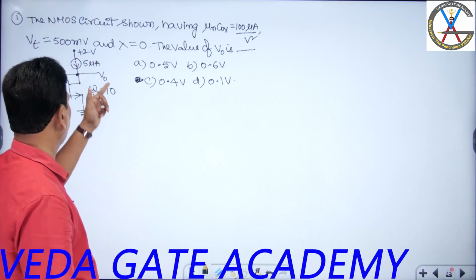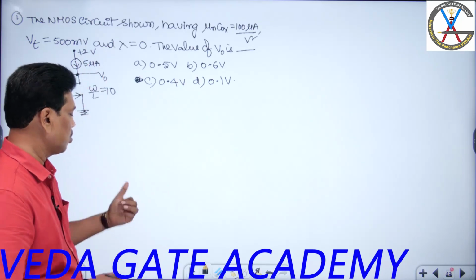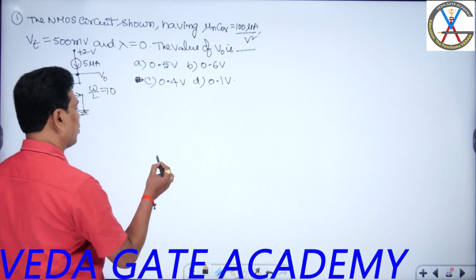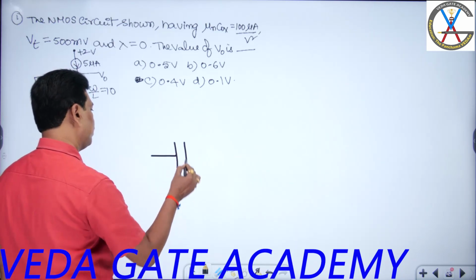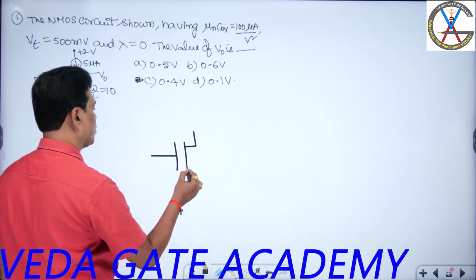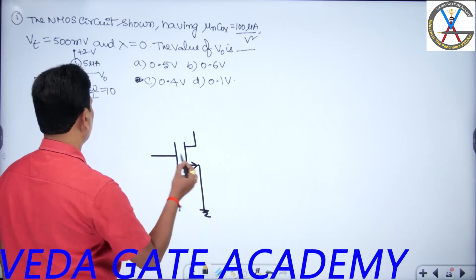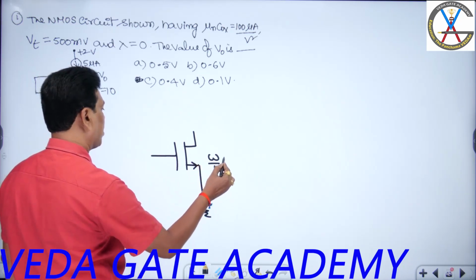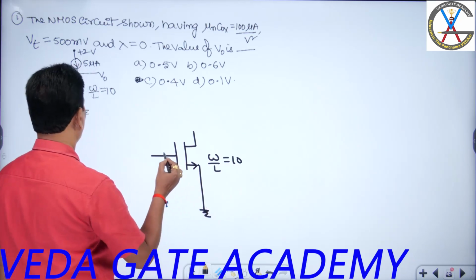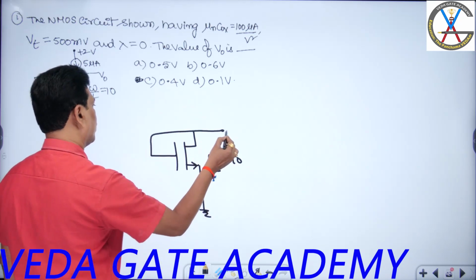Now let us check the diagram, students. I redraw the diagram here for you. This is an NMOS transistor, sir. The aspect ratio is indicated as W by L equal to 10. Gate and drain are shorted, students. This is the place of V0.